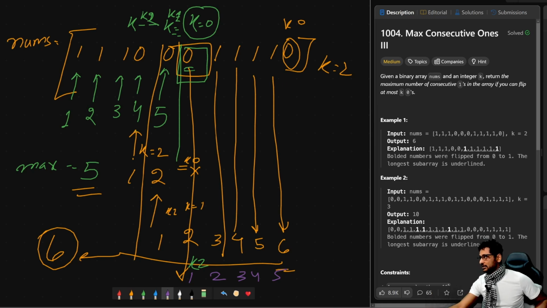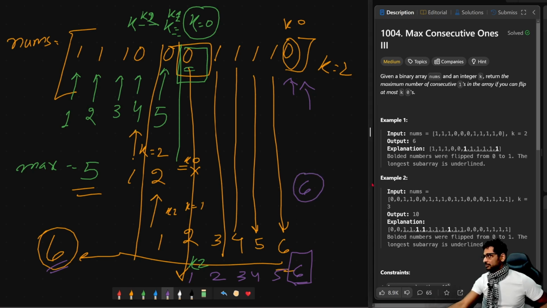When we went to the last index, again we can flip because our k is more than 1, so we calculate 6. But the time we hit our last index, that's the end of our calculation. Then we compare this last value with our already existing max value, that is 6, so we get our answer 6. And you see in our question on the right side, the answer is 6.